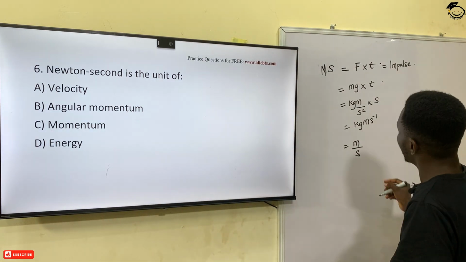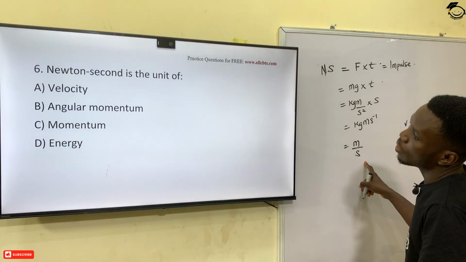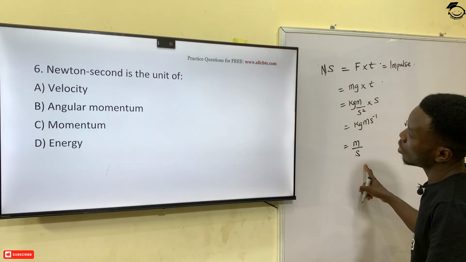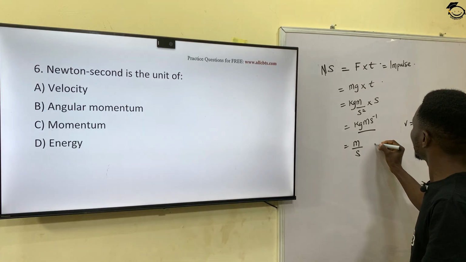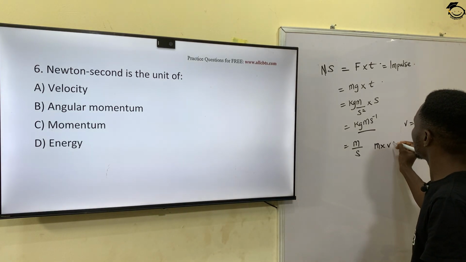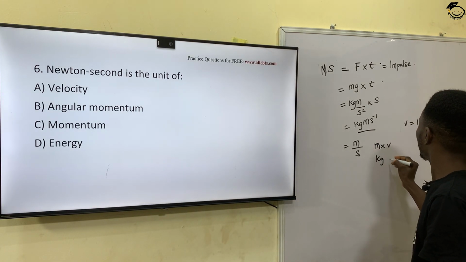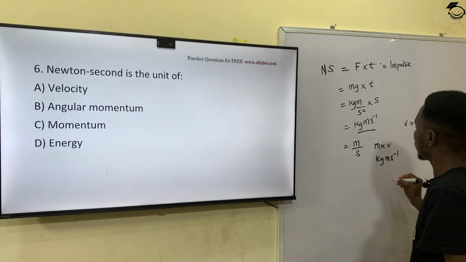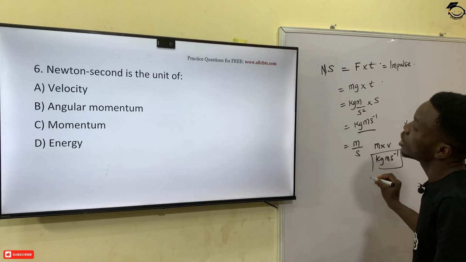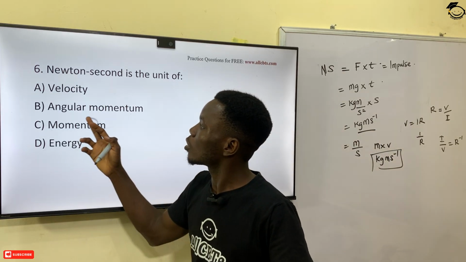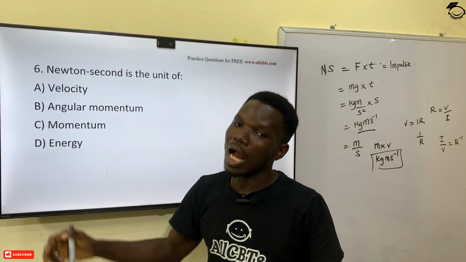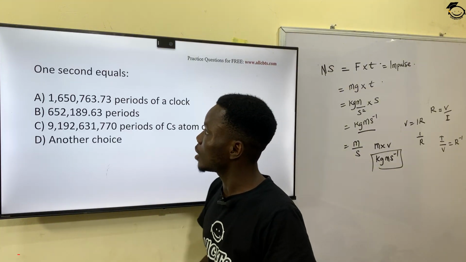Angular momentum is not this. Energy is also not this. We know that momentum is mass times velocity, which is kilogram meter per second. So the correct answer to this question is option C, which is linear momentum, not angular momentum.